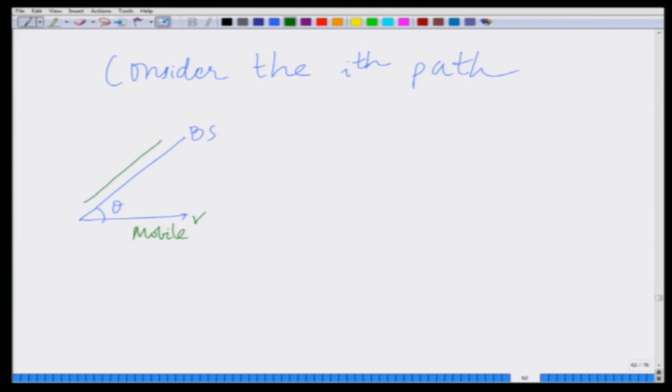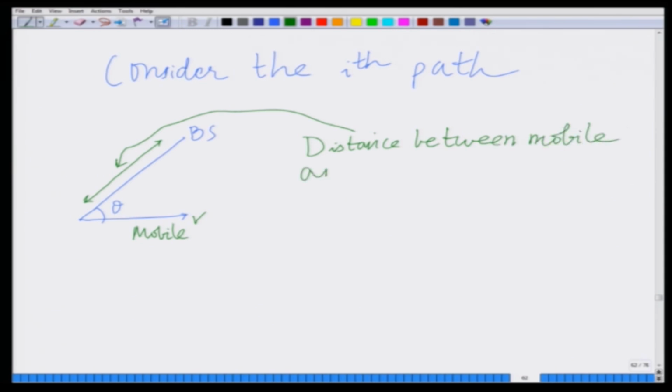Now, if I look at the distance between the base station and the mobile, this is decreasing. The distance between the mobile and the base station is decreasing, right.